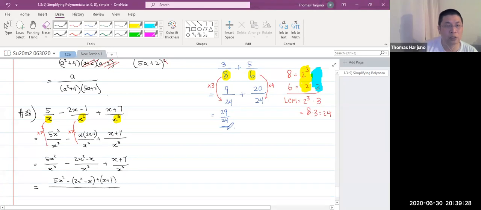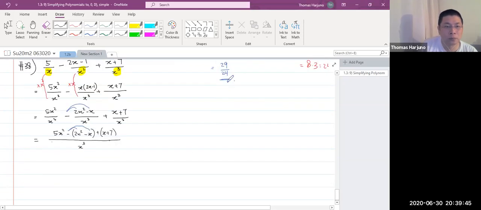Now I need to use parentheses because later on I need to distribute this negative to both of these terms here. I hope you are aware of that. I'll go on further. I distribute: 5x squared minus 2x squared plus x plus x plus 7 over x cubed. We now have 3x squared plus 2x plus 7 over x cubed.